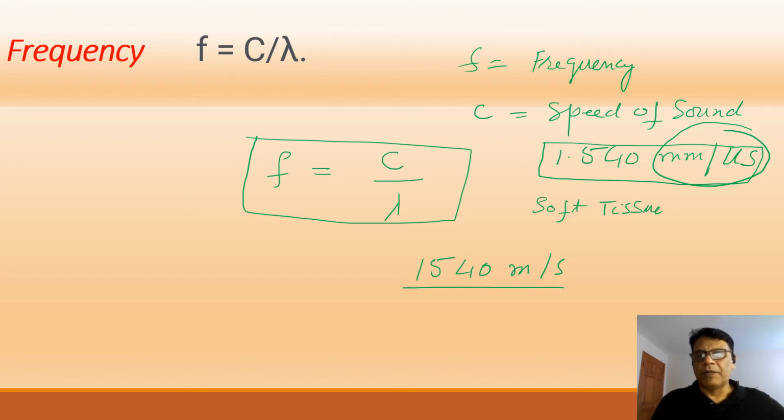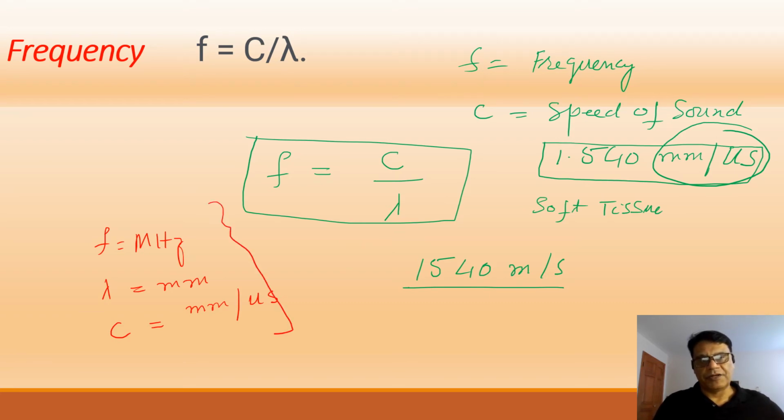When will it be millimeter per microsecond? When frequency is in megahertz and wavelength is in millimeter, then speed will be millimeter per microsecond. Remember this combination, and don't accept any combination of units if any one of them is different.